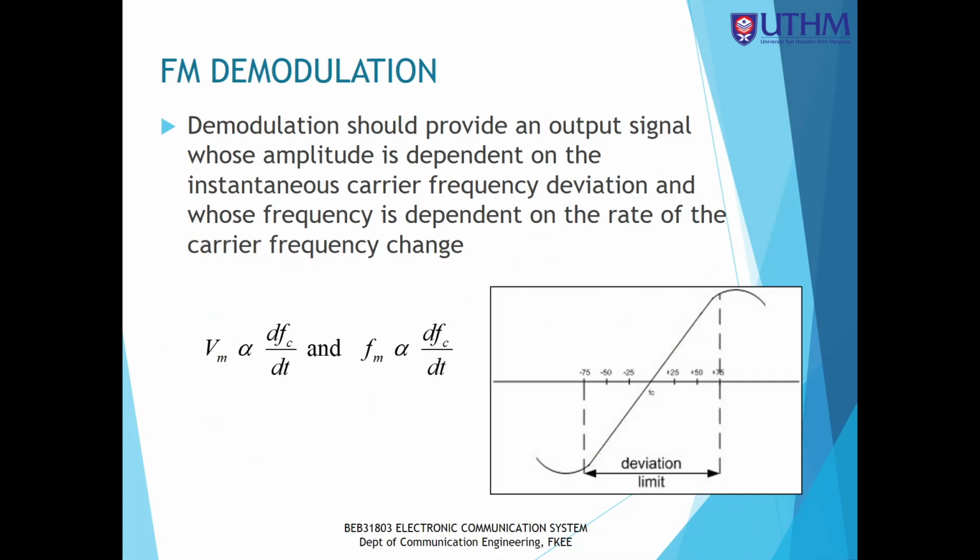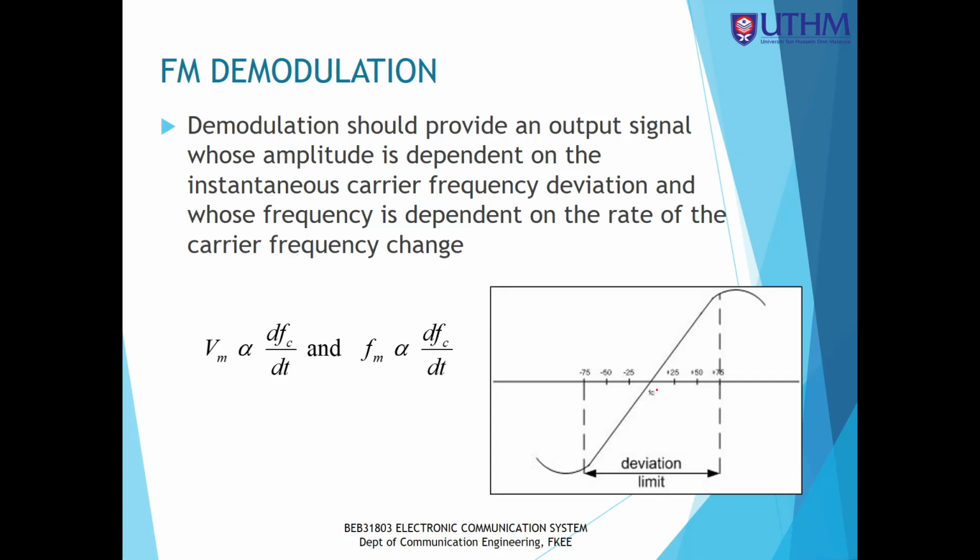FM demodulation. So this is how we want to do the demodulation process. The demodulation process happens by changing the frequency variation to become amplitude variation at the output. So now we want to do the reverse process.